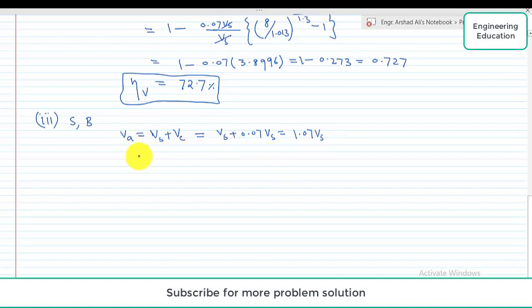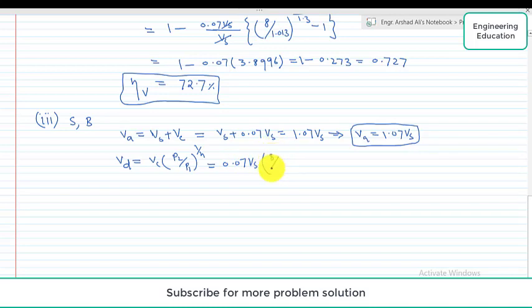Also to find Vd, so this is VA. VA is 1.07 times Vs. Also to find Vd, we have an expression for this, Vc into (P2 by P1) power 1 over n. So putting the values, we get 0.07 Vs into (8 by 1.013) power 1 over 1.3.